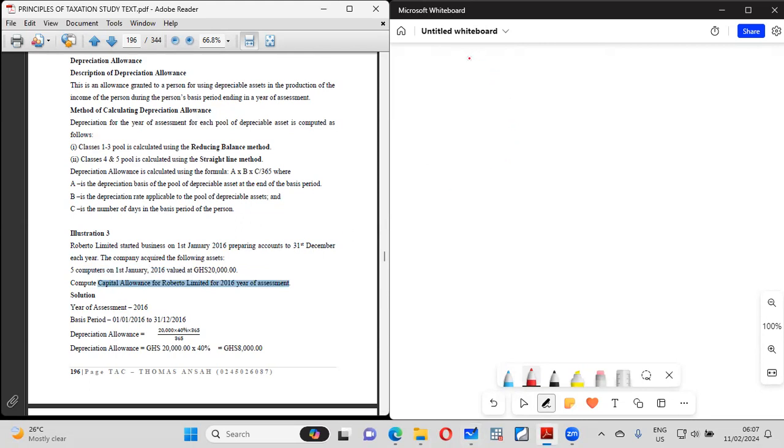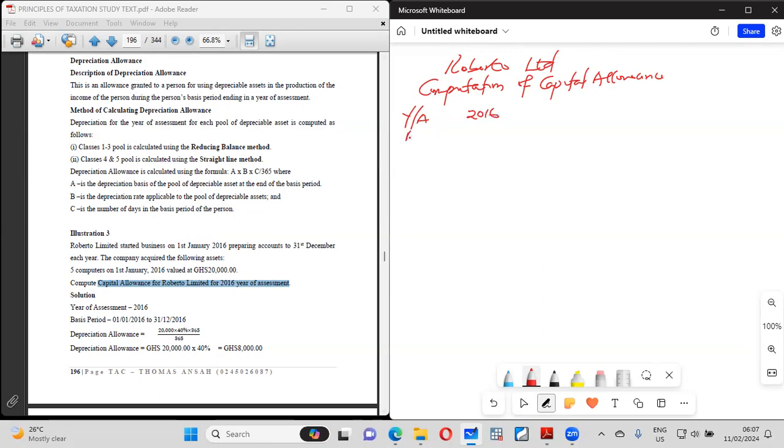So what do you do? You start with Roberto Limited. Then you go like computation of capital allowance. Then you bring the year of assessment. Year of assessment is 2016. So the basis period thereof will be what?